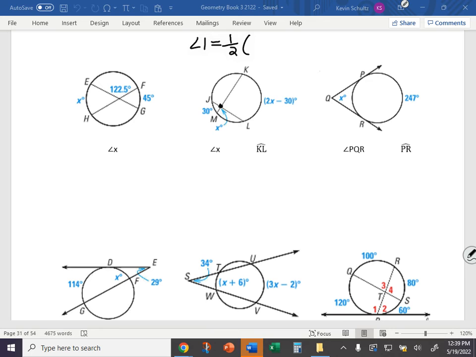So in this case, we have angle x there, right? And according to the formula, that's going to be equal to half the sum of the arc of angle x, and it's vertical. So that's arc ML here, right? That's associated with angle x, and arc JK.